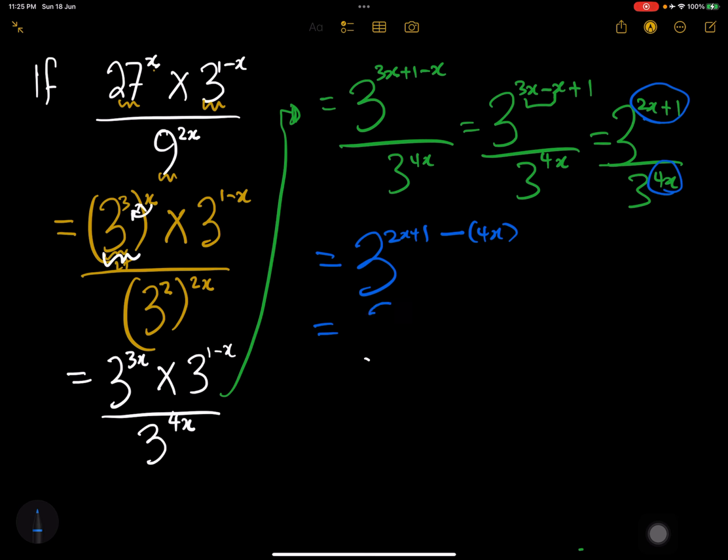This gives us 3 to the power of 2x plus 1 minus 4x, which goes to 3 to the power of 2x minus 4x plus 1, is equal to 3 to the power of negative 2x plus 1. How do we know this? It's because we owe 4, but we have only 2 in our wallet, so we still owe 2. And this is where our final answer comes from.